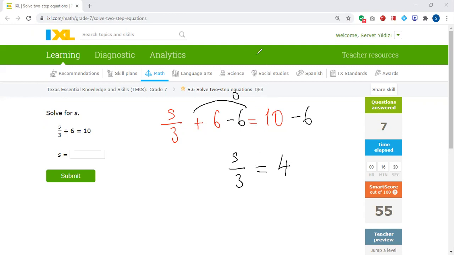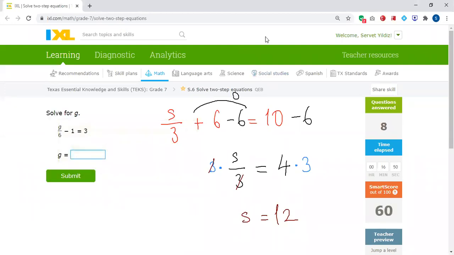So actually, I can multiply both sides by 3 to get the answer. 3 and 3 will be canceled out here. S is equal to 4 times 3. 12 is the answer. S is equal to 12. Let's write it down. 12.